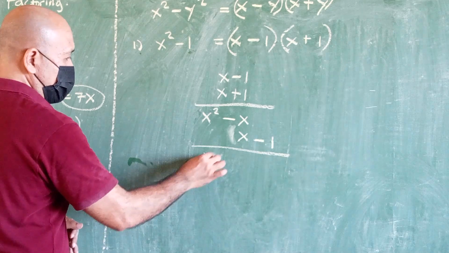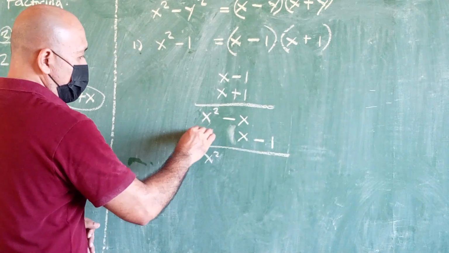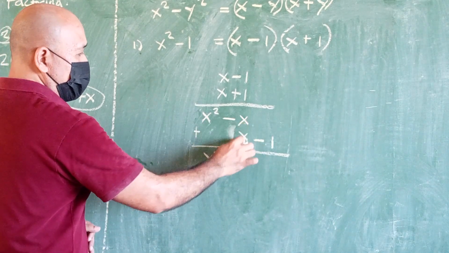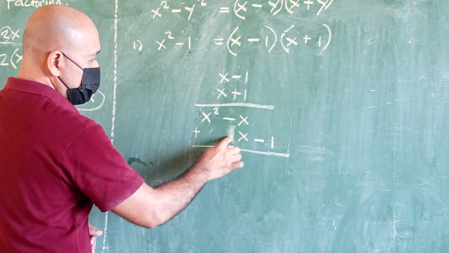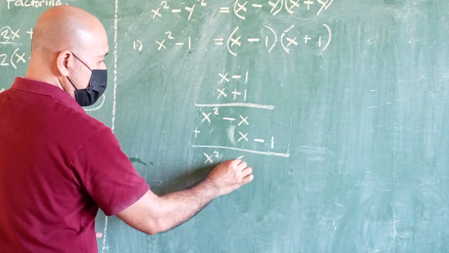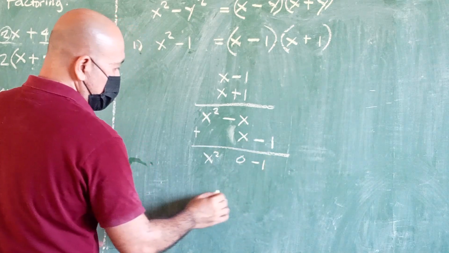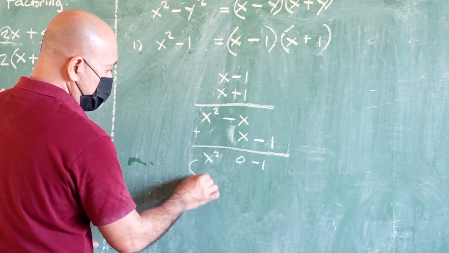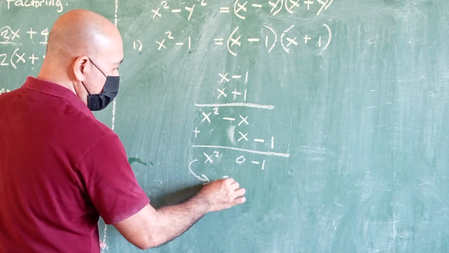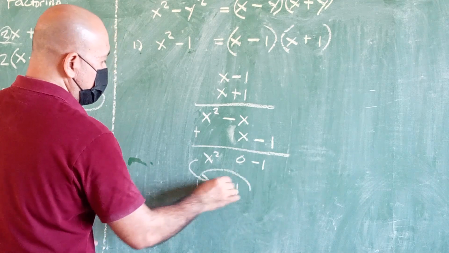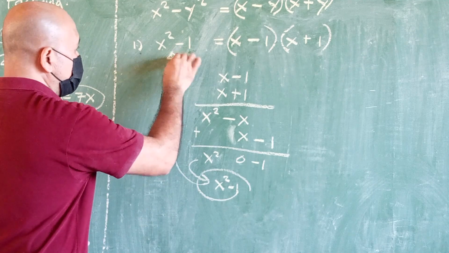Then bring down x squared. And when you add the same quantities with opposite sign, the result is 0. And bring down minus 1. So, your final product is x squared minus 1, which is also the given.